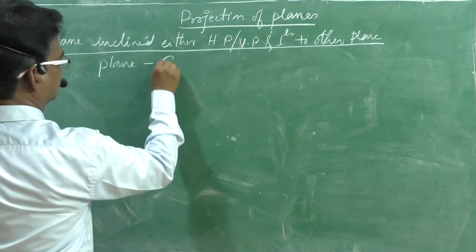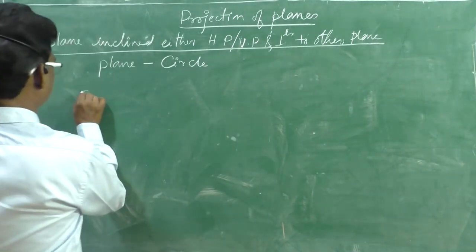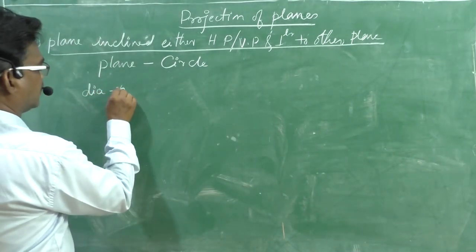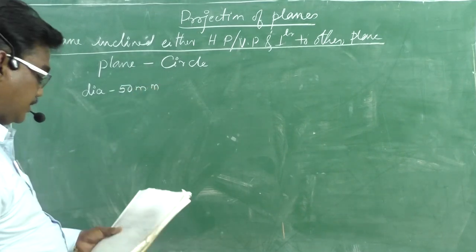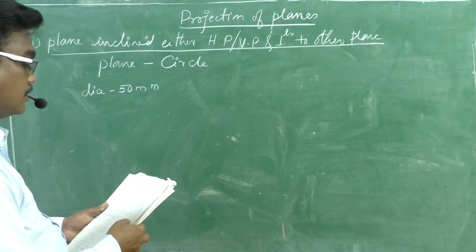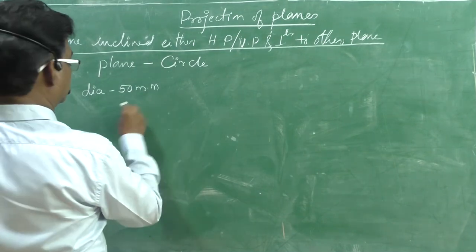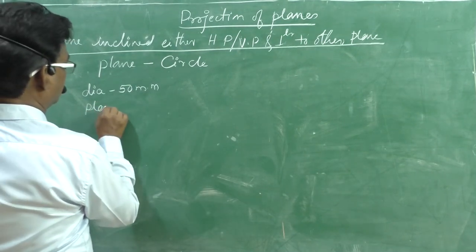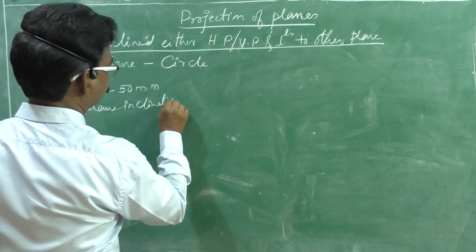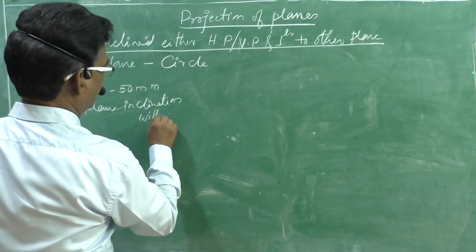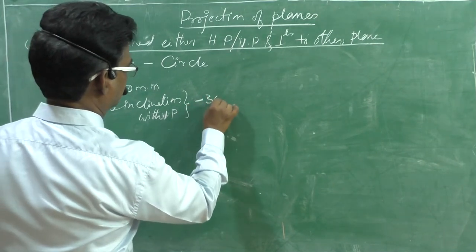The given plane is a circle, and its diameter is 50 mm. Right. This plane is inclined with VP at 30 degrees. Plane inclination with VP is 30 degrees.